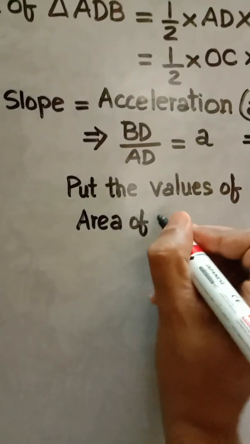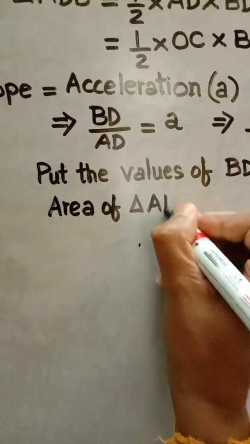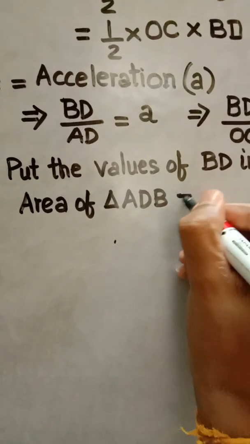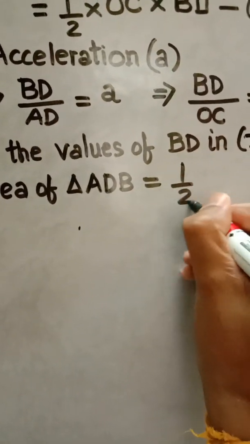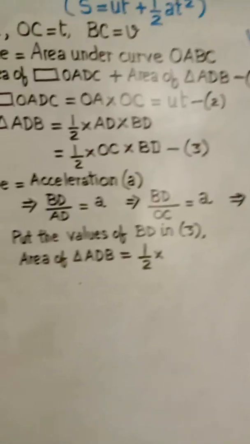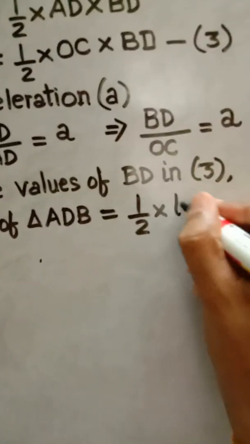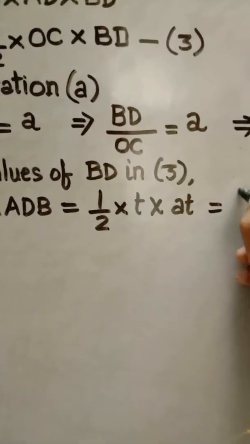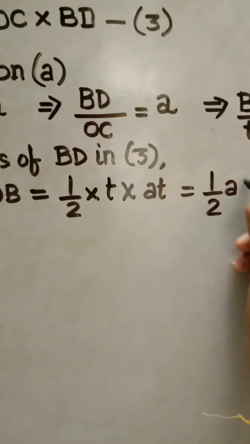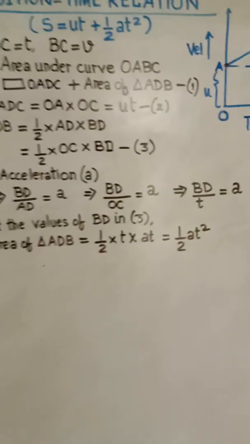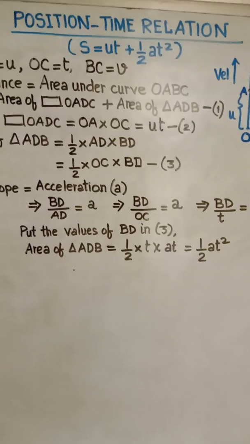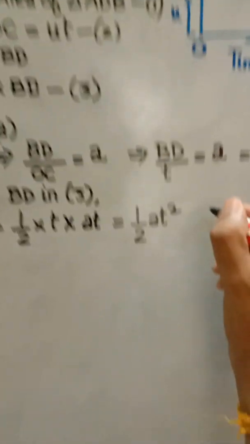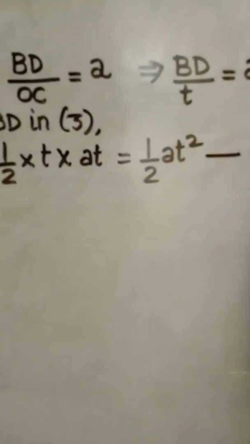Area of triangle ADB equal to half into OC, which is equal to t, into at. So this is half at square. Let this be equation number 4.